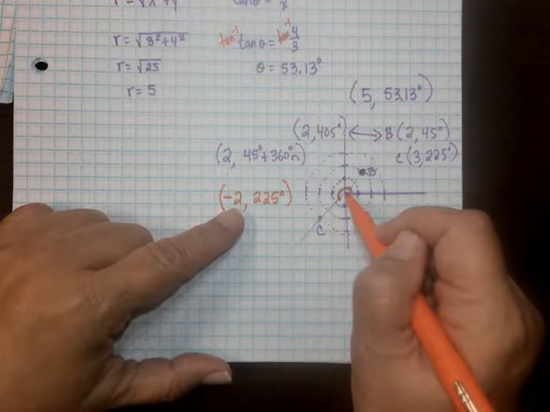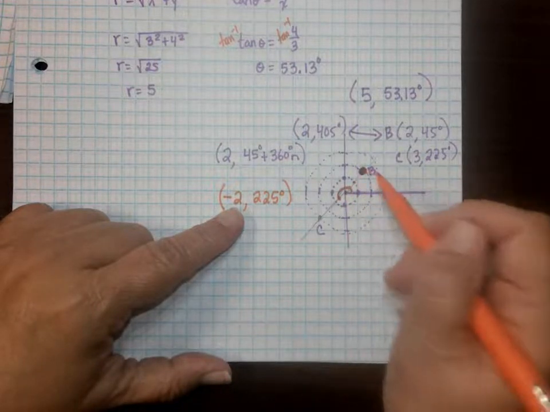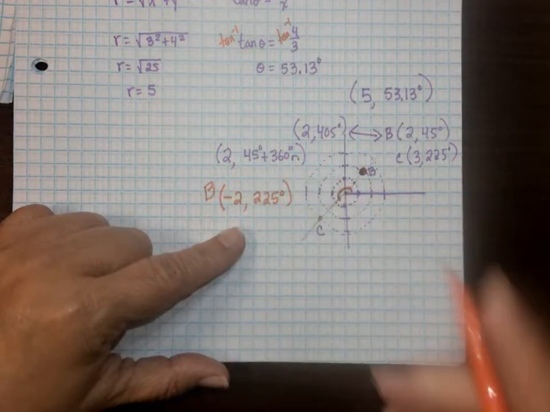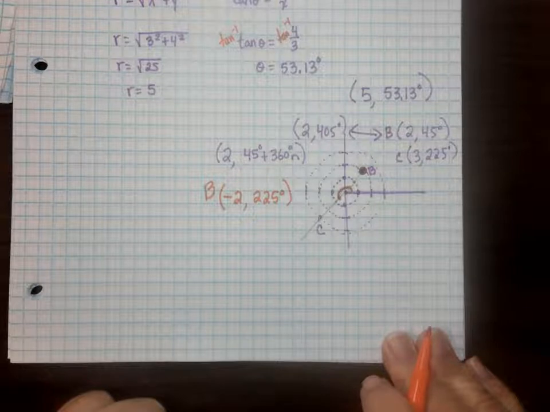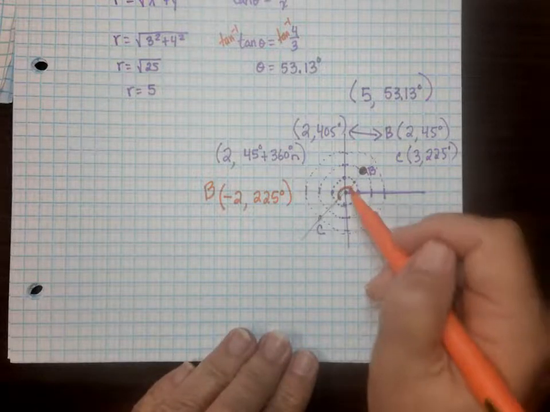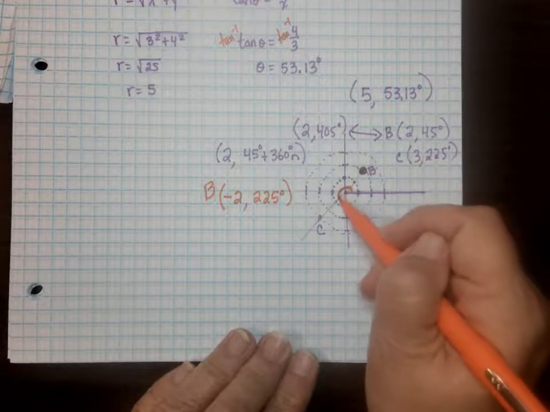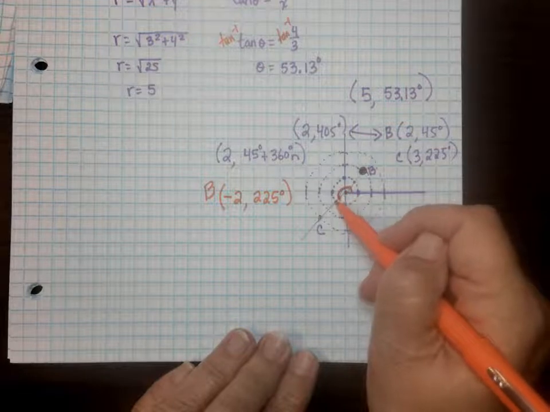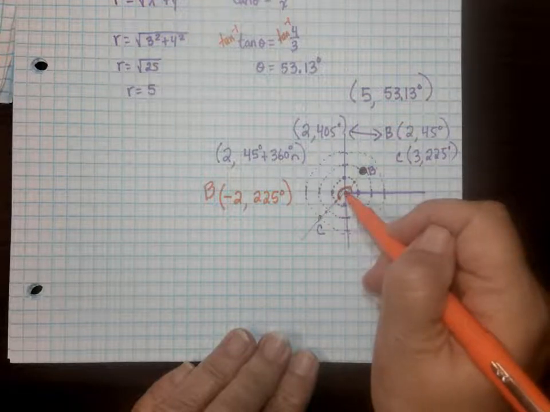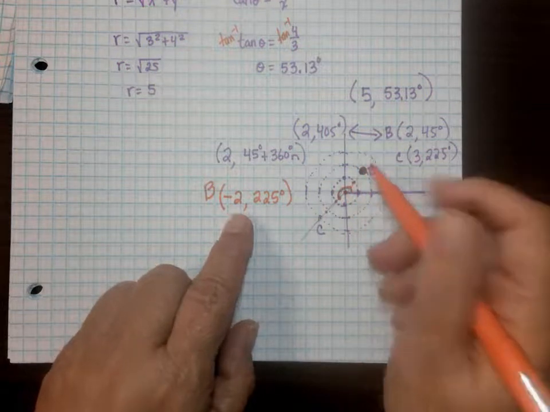That means go 2 units in the opposite direction. 1, 2. That is also point B. See how that went? 225 degrees around your pole, but instead of doing a radius of 2, your radius has to go backwards, 1, 2.